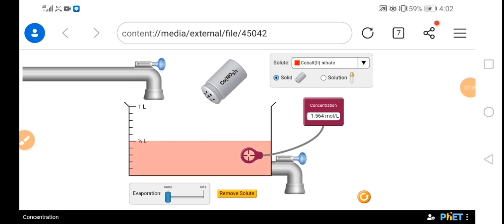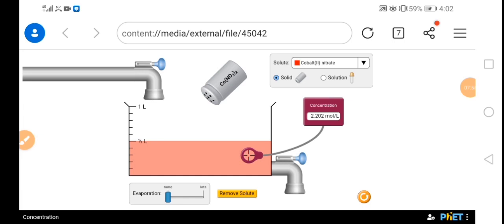Now, the quantity I have added is giving me 1.564 mole per liter, which is mole per decimeter cubic. When I add some more, you will see that the concentration will be increasing, meaning the quantity of substance, as I'm increasing the quantity of substance I'm adding to water, even the concentration is changing. So meaning the number of moles is the factor that affects the concentration.